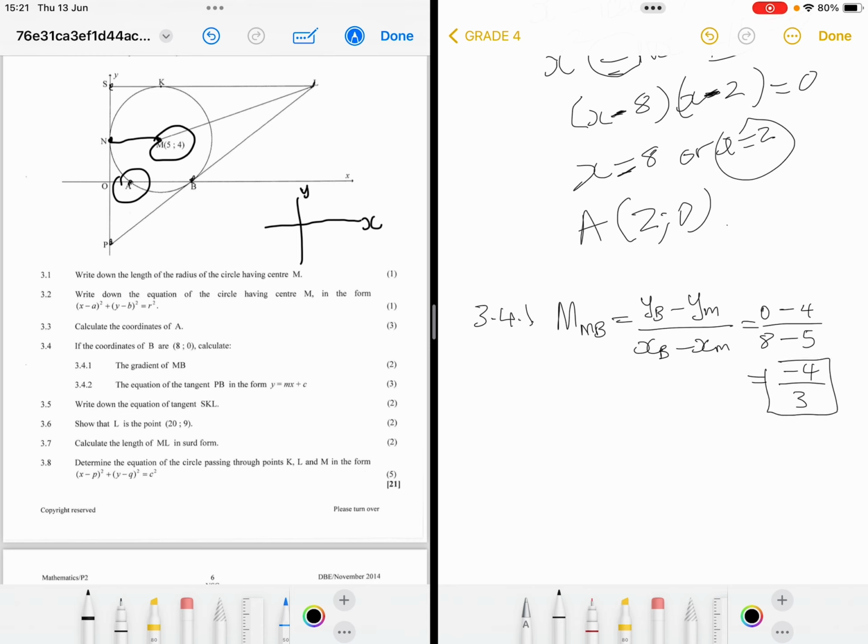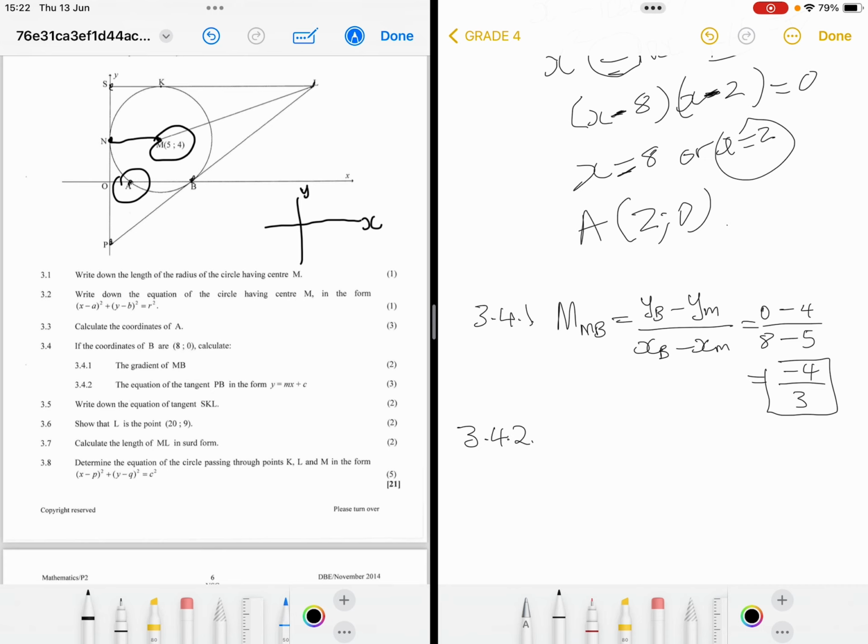You see? Now, the next question they are looking for is the equation of PB. Obviously, if they ask you a question about the gradient, there will be a question that they need the equation, but they won't ask you the equation on the same gradient that you got.